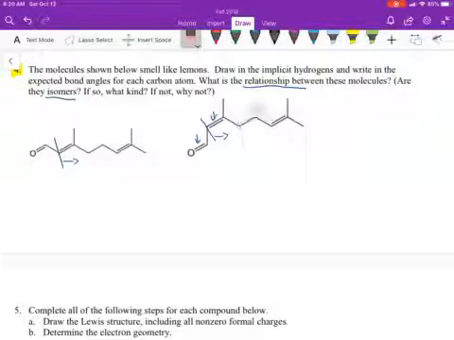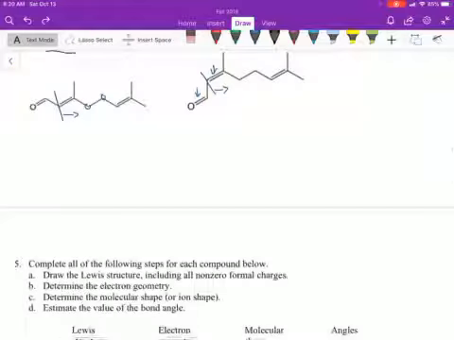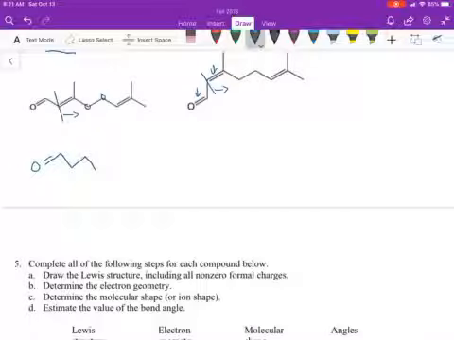Let's do it on this one just because it's easier to draw, so my drawings won't look as messy. Let's say we have the same molecule, oxygen, right?